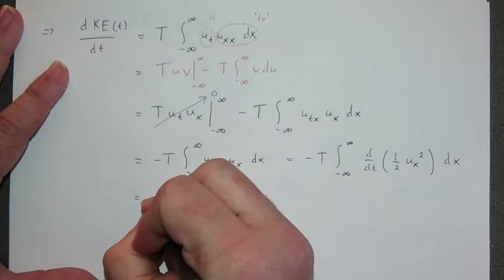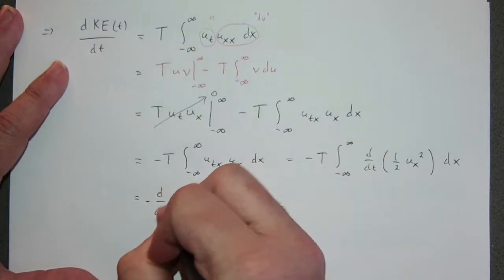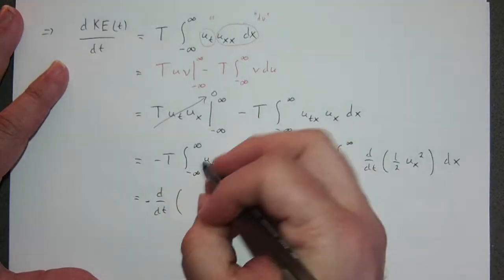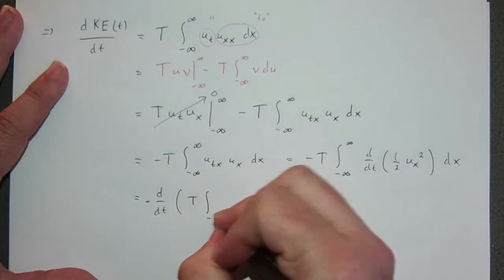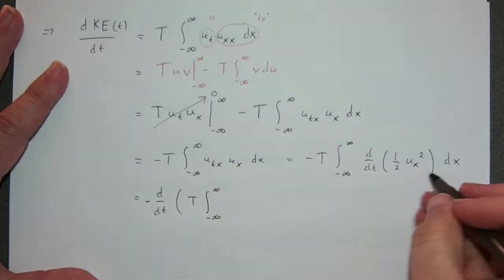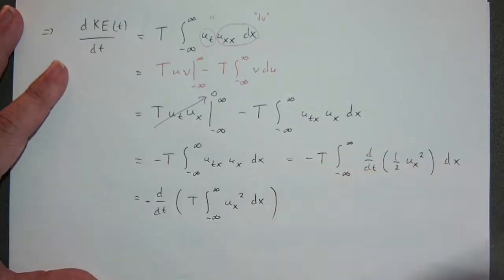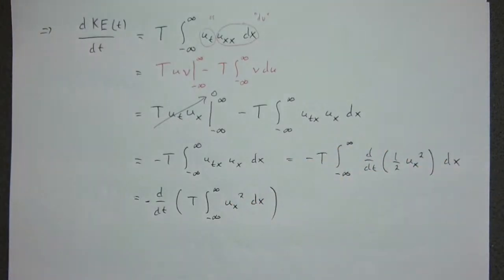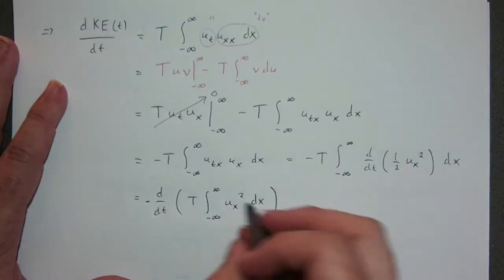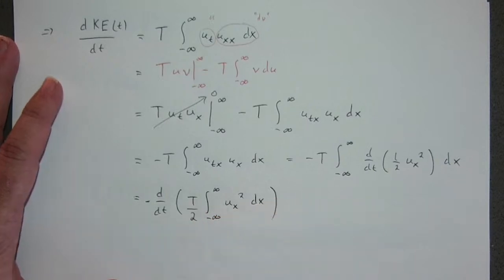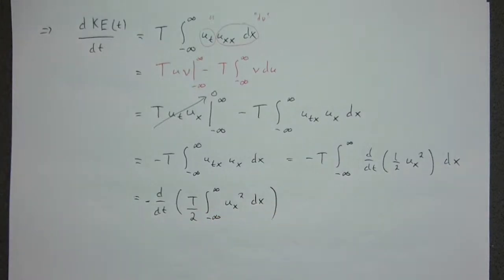Or maybe I can move the minus sign out too. This is minus the derivative with respect to t of t times the integral from minus infinity to infinity of u sub x squared dx. But what is that? Oh, sorry. This is t over 2 here. Now we're happy. So what is this expression?